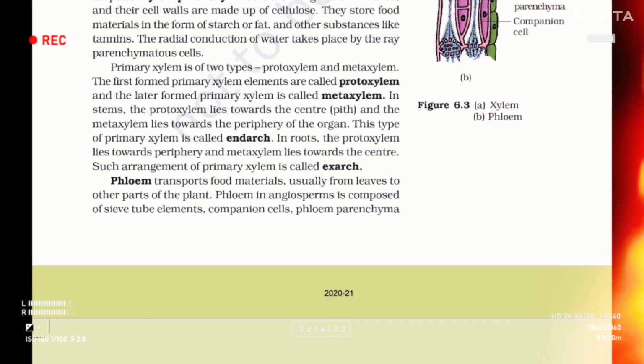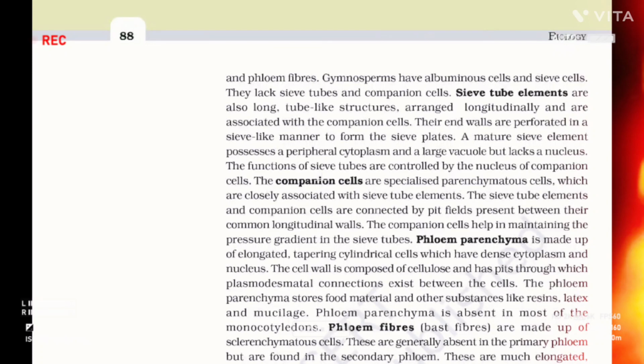Phloem transports food material usually from leaf to other parts of the plant. Phloem in angiosperms is composed of sieve tube elements, companion cells, phloem parenchyma, and phloem fibers. Gymnosperms have albuminous cells and sieve cells. They lack sieve tubes and companion cells. Sieve tube elements are long tube-like structures arranged longitudinally and are associated with the companion cells.